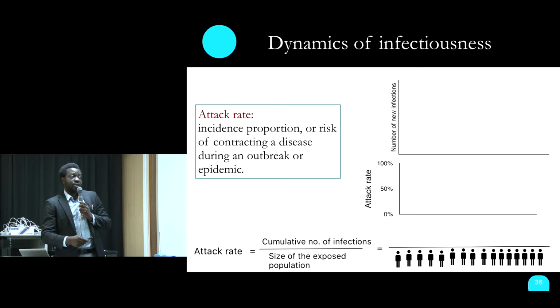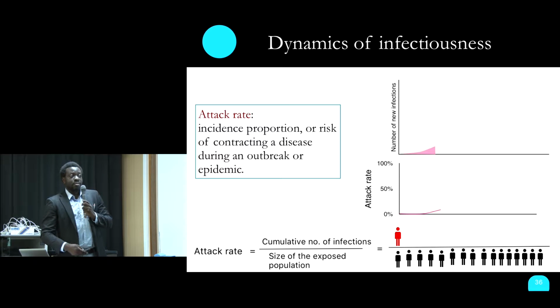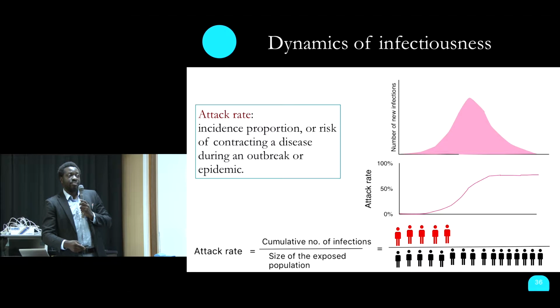Another parameter is what we call the attack rate. The attack rate is one of the measures of incidence proportion, or it is just the risk of contracting a disease during an outbreak or an epidemic. For example, as more and more people get infected, the attack rate goes higher and higher.